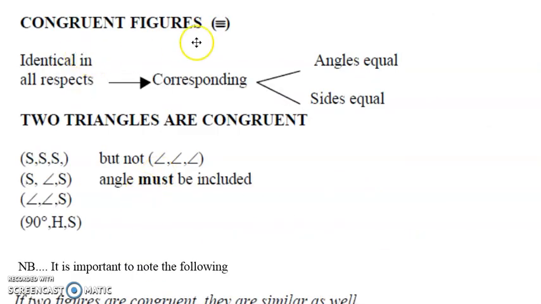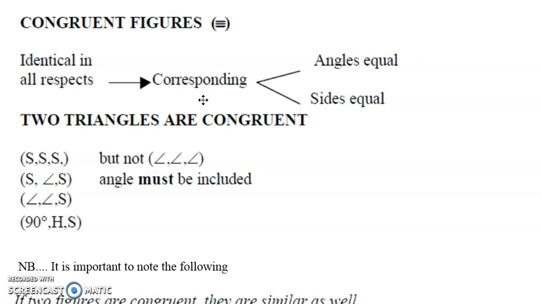When we talk about congruent figures, they must be identical in all respects. All the corresponding angles and sides must be equal to each other. Meaning an angle with a side opposite it, if that side is 12 and the angle is 30, then in another triangle the angle must be 30 and the corresponding side that is opposite it must also be 12.